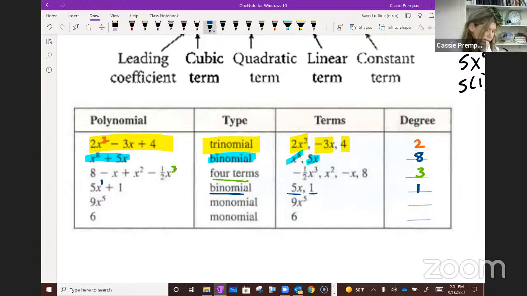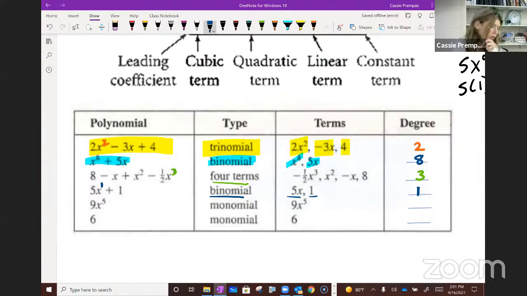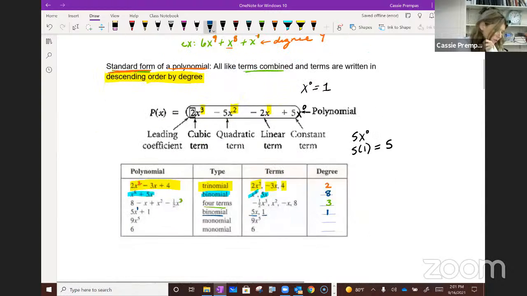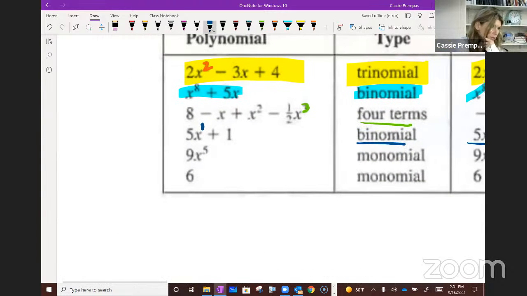Haley: So when it comes to the constant term being the power of 0 and it ultimately equals 5, would it just stay like that, or would it be 5 to the power of something? Look back at the degree, see how it says the exponent of the term's variable? The number 5, or even the number 6, doesn't have a variable, right?